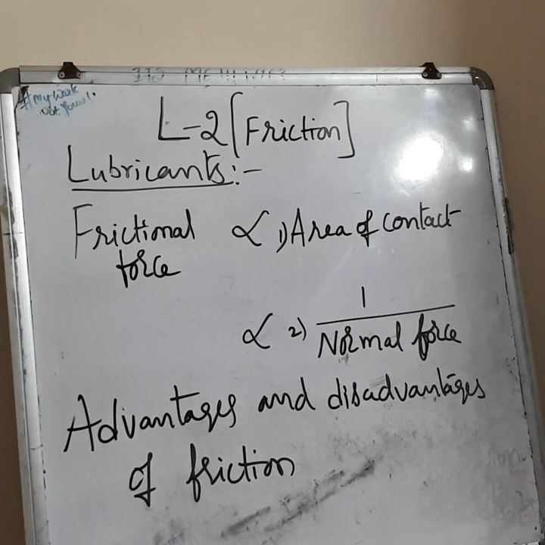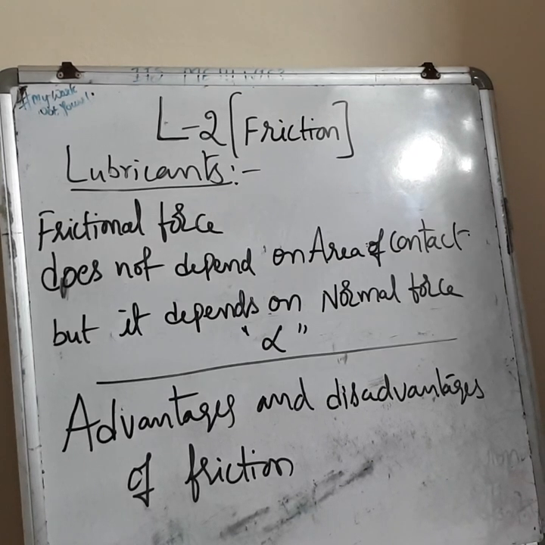Next, the frictional force depends on the normal force, directly proportional. When the normal force increases, the frictional force increases. It does not depend on the area of contact, but it depends on the normal force. Same brick activity: take one brick, place it horizontally, pull it, and find the force at which the brick moves.